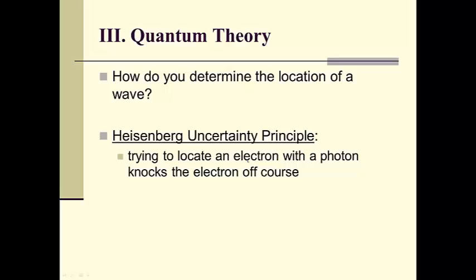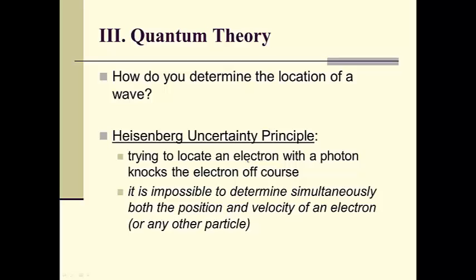Meaning, if you say, oh, look, there's the electron, actually it wasn't there, because once you hit it with a photon, it moves it off its proper course. So Heisenberg basically said it's impossible to determine simultaneously both the position and the velocity of an electron. If you want to know the path of an object, you need to know where it is and what speed and direction it's going. And Heisenberg basically says that can't be done.